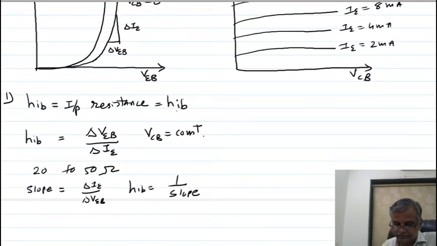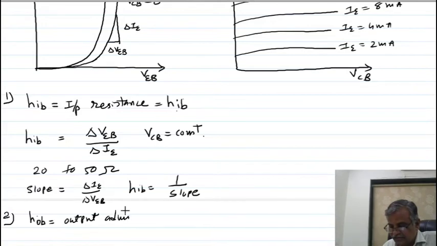Second, output admittance. O for output, hob, B for common base.